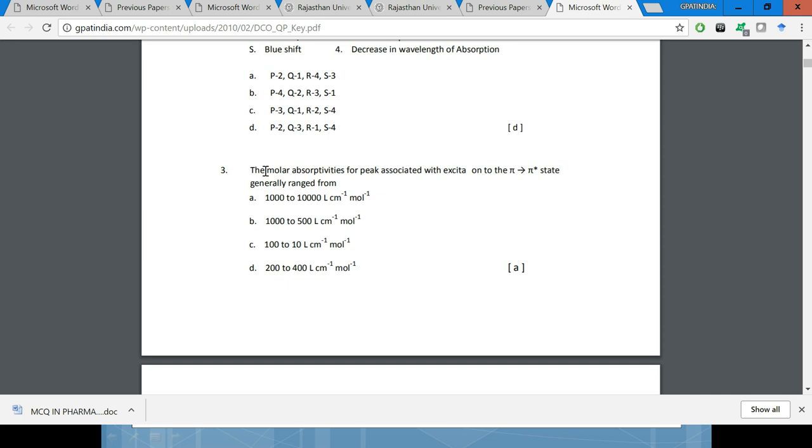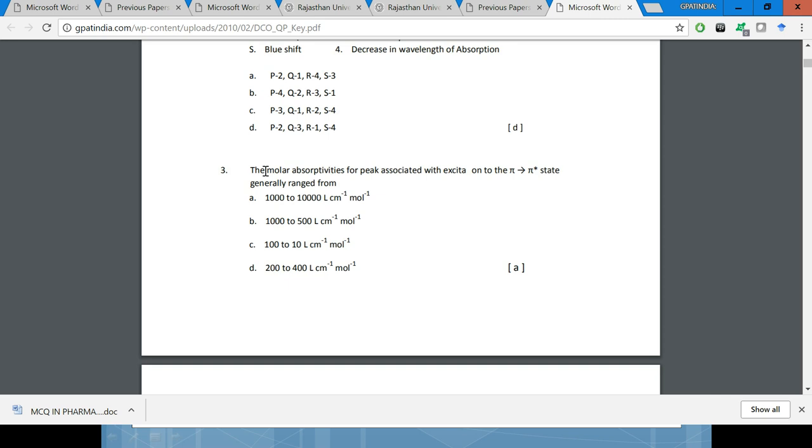If you remember the Lambert-Beer law, molar absorptivity is equal to A, the absorbance, divided by the sample concentration in moles per liter, multiplied by the length of the light path through the sample in centimeters. Molar absorptivity is particularly useful when we are comparing the spectra of different compounds and determining the relative strength of light absorbing functions, that means chromophores.